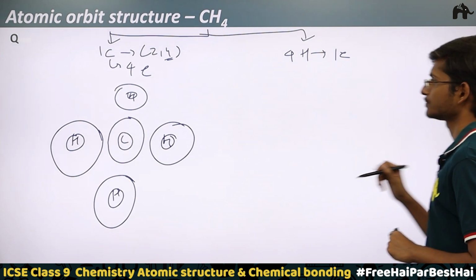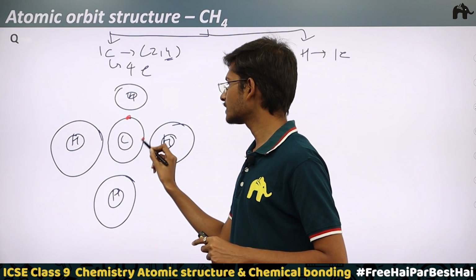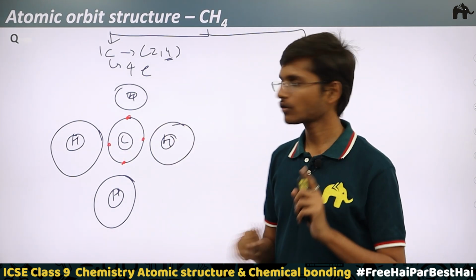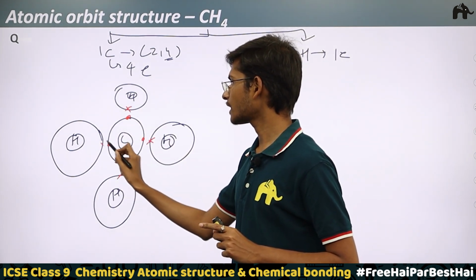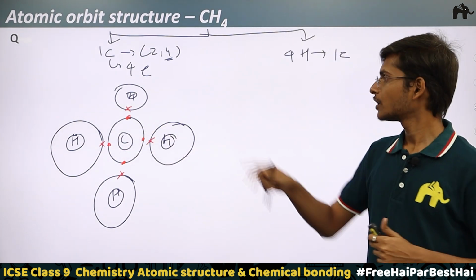Now I am going to show the electrons in the outermost shell of each atom. The carbon atom's outermost shell has 4 electrons. The hydrogen atoms' outer shells have 1 electron each. Correct?